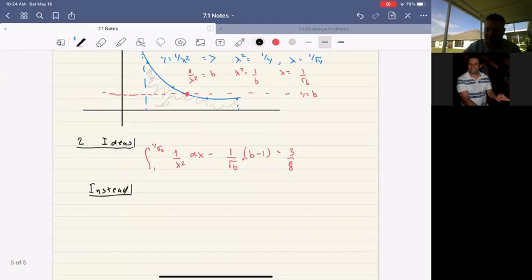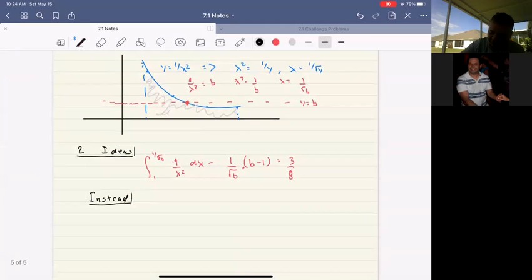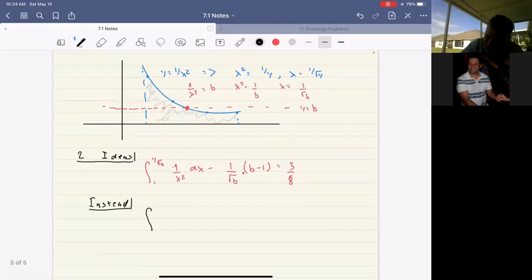Okay, so let's write this integral in terms of y. We're going to do the integral from b to 1, okay, let's see what I'm doing.